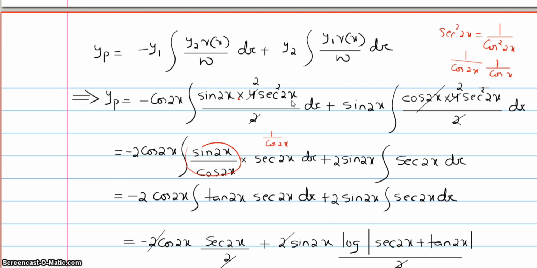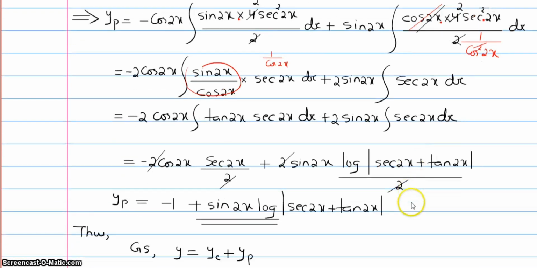Next, here we have cos 2x into sec square 2x. Sec square 2x can be written as 1 by cos square 2x, so we can cancel one cos 2x from this square. So we get 1 by cos 2x, which is sec 2x. Now sin by cos 2x is tan 2x, 1 by cos 2x is sec 2x, and here the remaining is sec 2x.